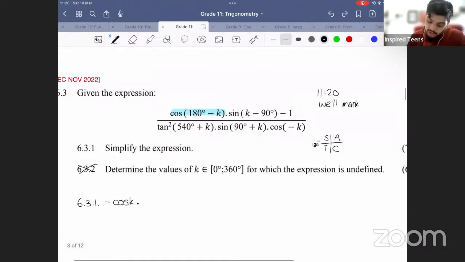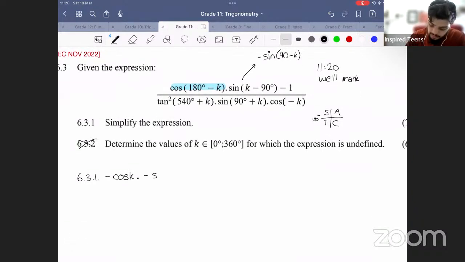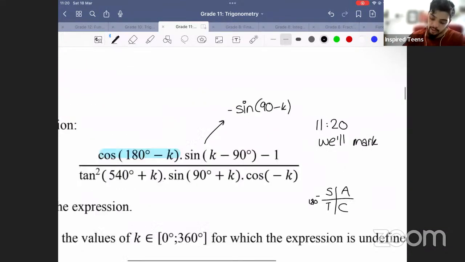If you remember how we change it, the shortcut is to just write it as negative sine and then flip whatever's inside: negative sine of 90 minus k. Remember why we do that? Because we take a negative bracket out of sine of k minus 90.